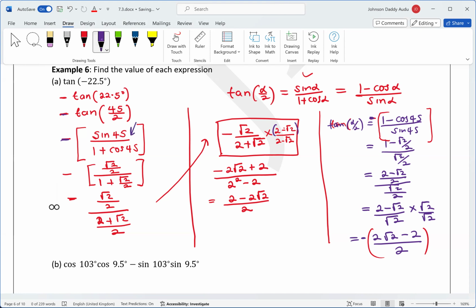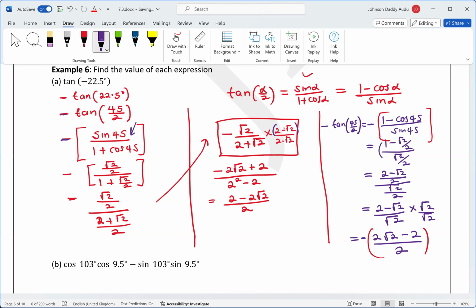So here also, if you want to do it, remember here, let me write it here. This is what we are looking at. We are looking at minus tan 45 over what? Over 2. So it means you need to have a minus first, before you apply the half angle formula.